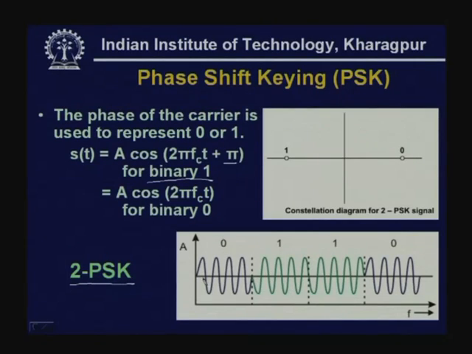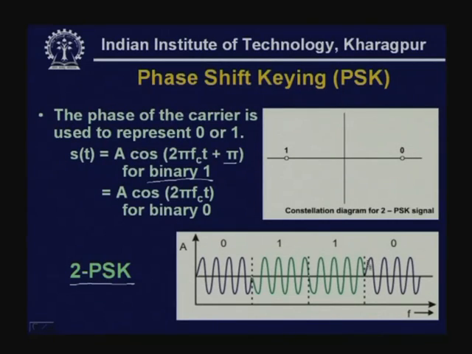So, here we see for 0 the phase is 0, you are starting with 0, on the other hand for 1 the phase is 180 degree. So, this is also 1, so it is starting with a phase of 180 degree, and this is 0, the phase is starting.